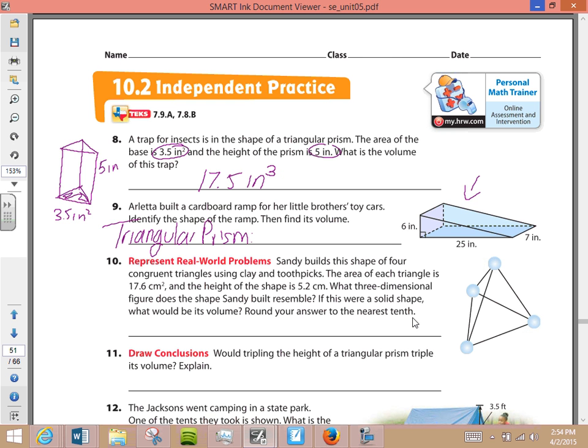Okay, that's one way. Look at the shapes. That's one way of saying it. What's the other way?